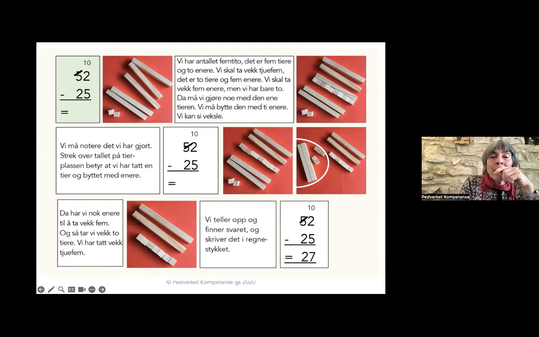We in Norway, we do it like this. When we have taken a 10 and we have changed it with ones, then of course we must take away this 10.